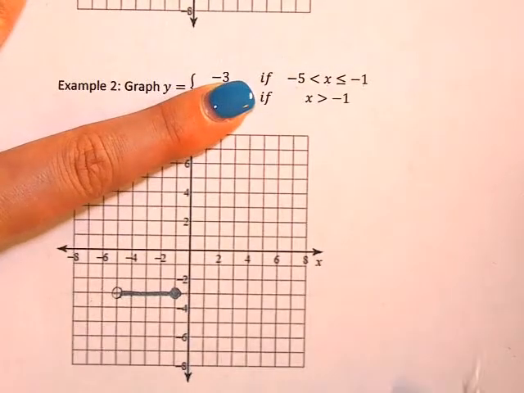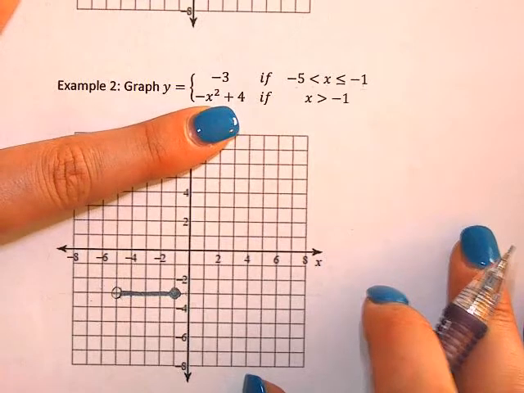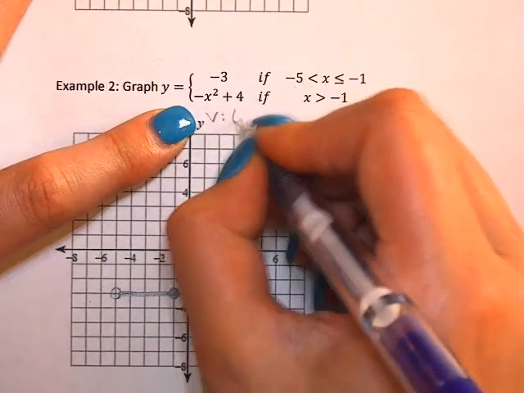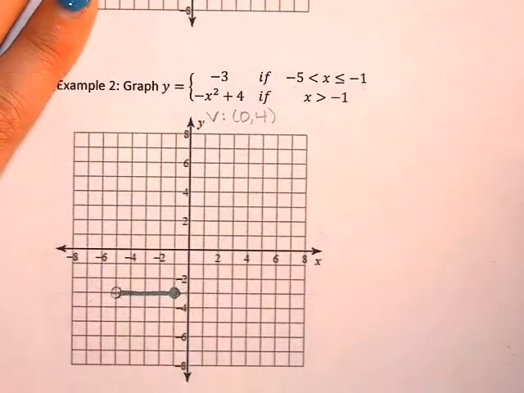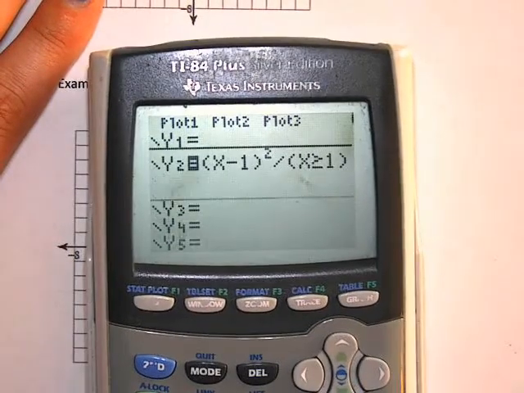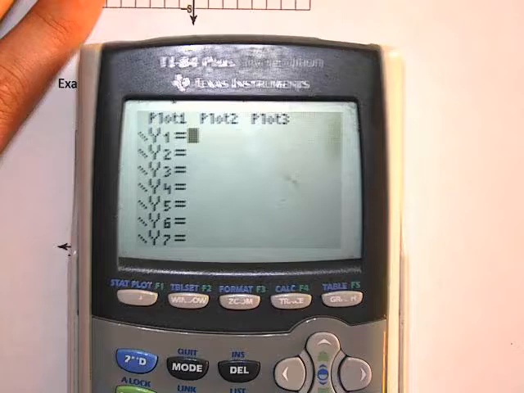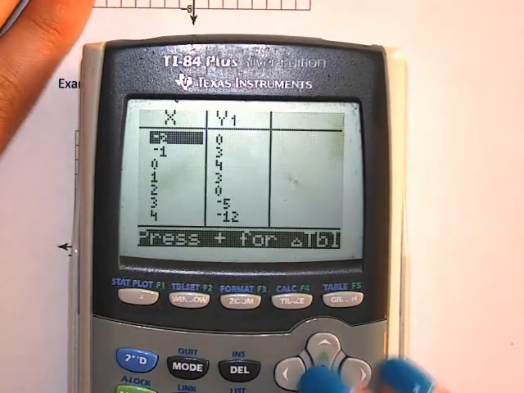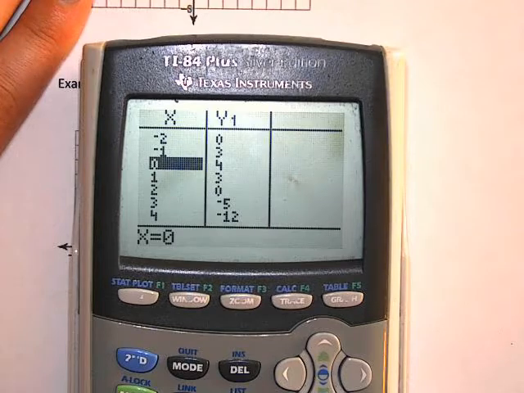Okay, now it says -x squared plus 4. I know that that is a vertex of 0, 4. And so that tells me that that's where I need to be looking when I graph this to find some other points to plug in. Or not to plug in, but find some other points that I'll be graphing. So 0, 4 is right in the middle.